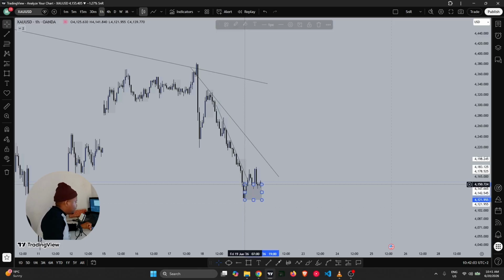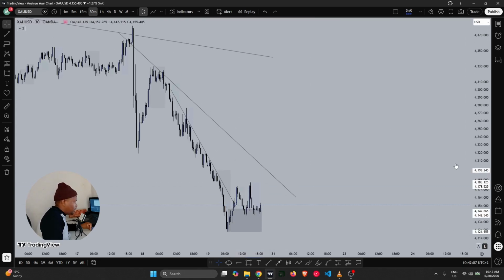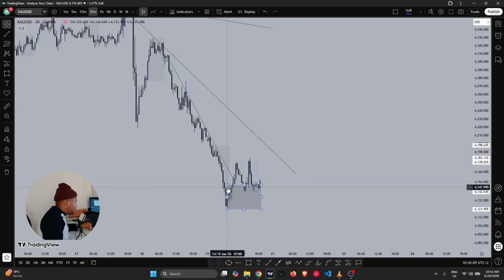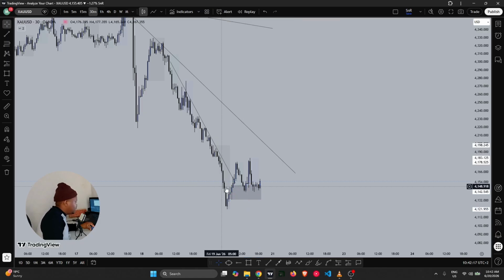Now let's go into the 30 minutes to try and refine this. As you can see here on the 30 minutes, the market is already efficient. The candle that has a fair value gap is this one. This one has an imbalance here, so this is going to be our point of interest.